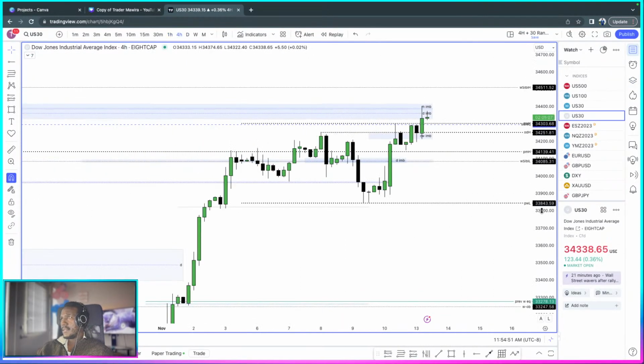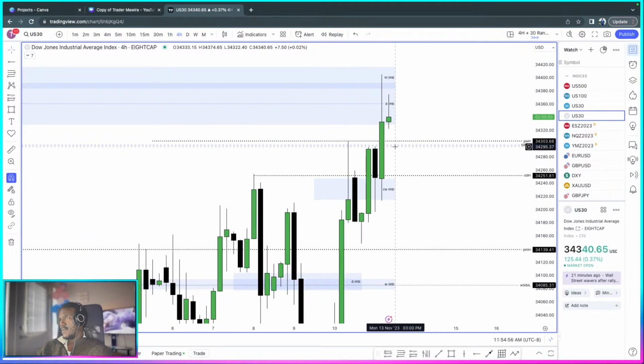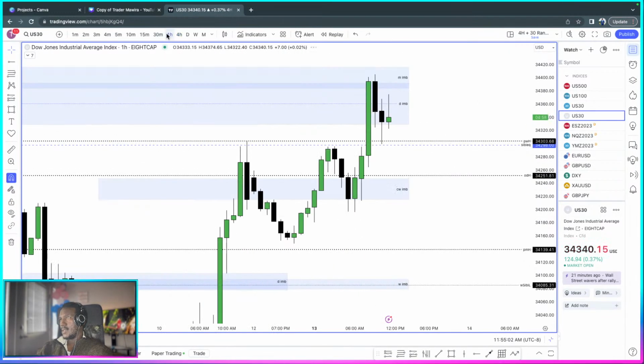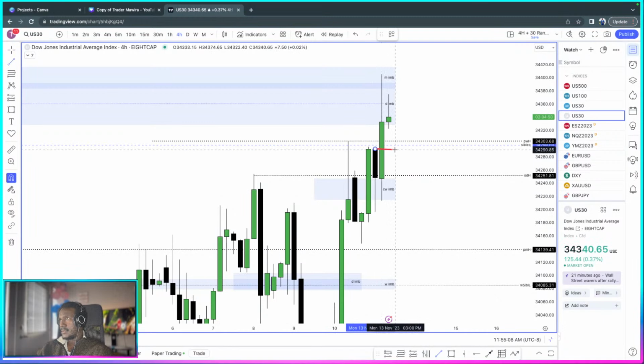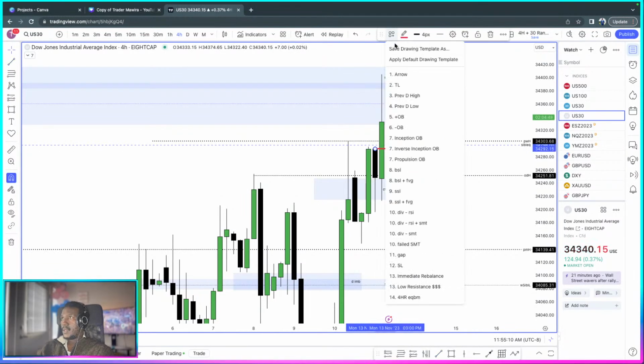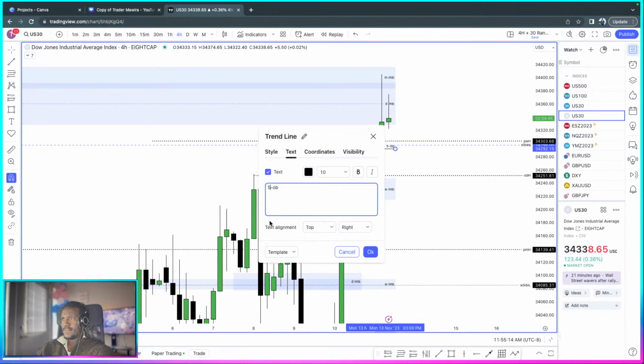Let me see the 4 hour. Nothing much. Maybe denote that 4 hour order block, which has traded to this. So let me see how it looks on the 1 hour. Yeah, I like that. So I'm gonna mark that because I think that's an important area, and it's gonna be an order block on the 4 hour.